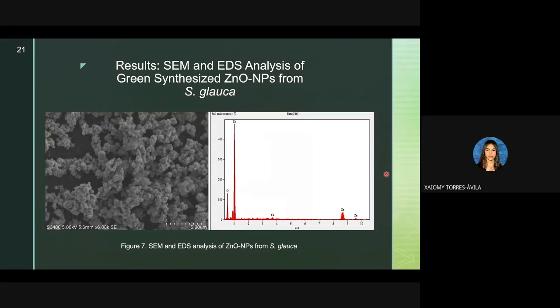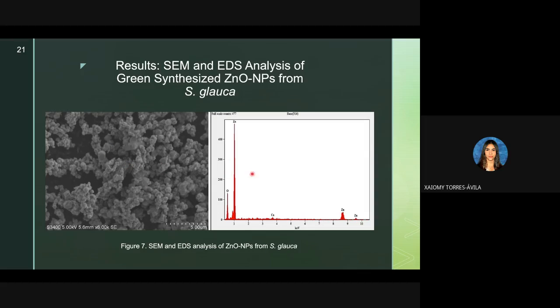All right, now we have the scanning electron microscopic and energy dispersive spectroscopic analysis of the nanoparticles. Here on the left side, we can see a scanning electron microscopy image in which the synthesized nanoparticles appear to be aggregated, right?